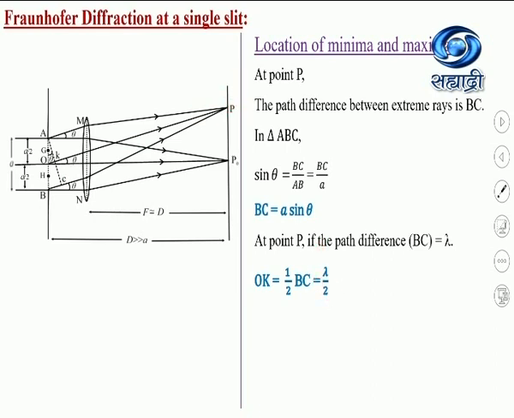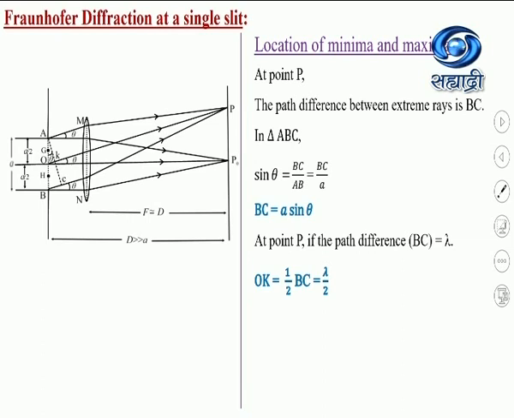Similarly, we consider other 2 points, point G and point H, which are equidistant from point A and O respectively. As they are equidistant from A and O, the points G and H are also separated by distance a by 2.